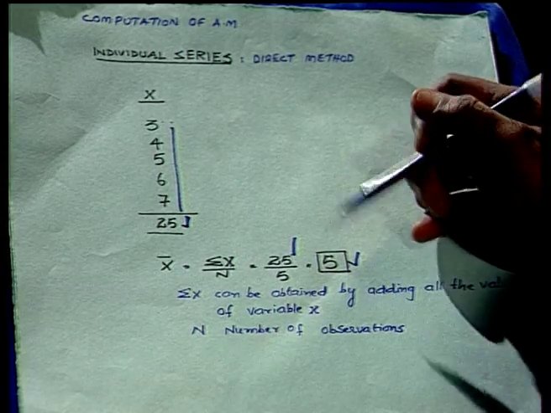Now this value, which is otherwise known as a measure of central value, lies somewhere between the largest and the smallest values. Thus the name arithmetic mean here, or otherwise called central value.